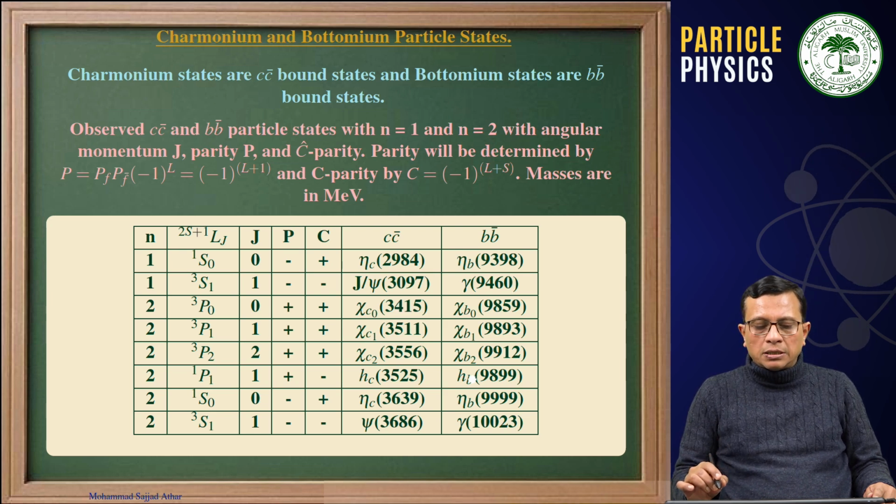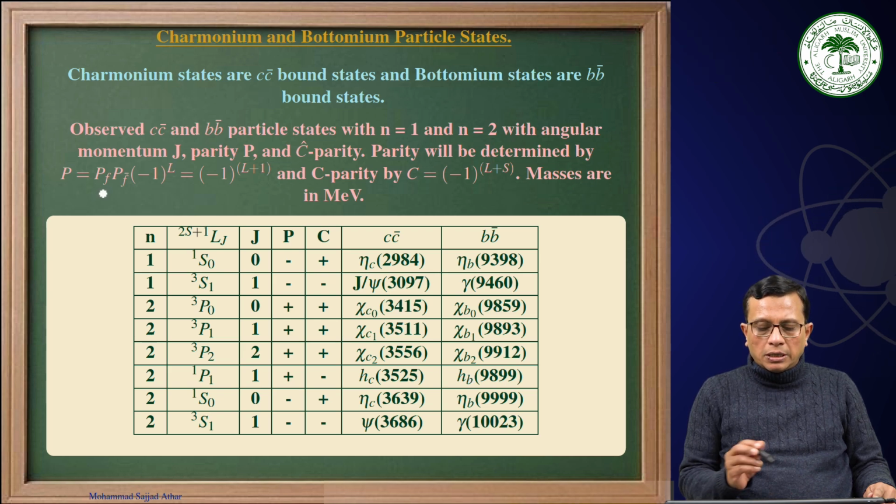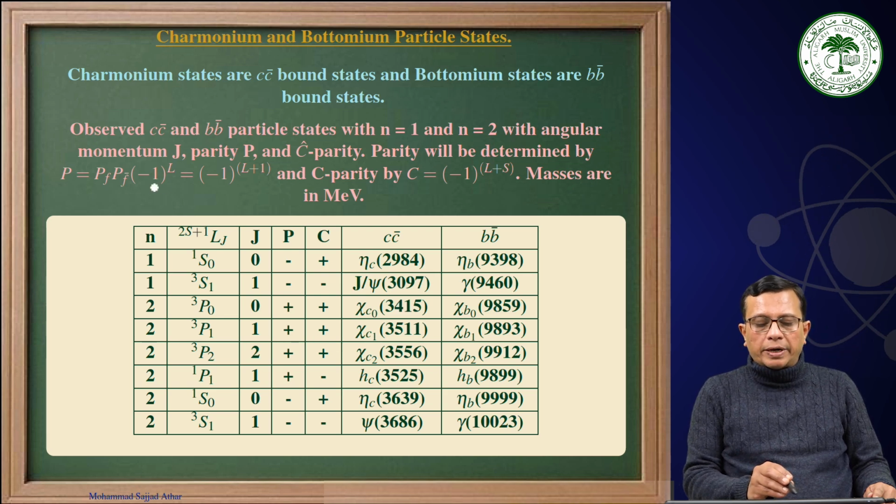We saw that the parity is obtained by the parity of the fermion c, the parity of the anti-fermion c̄, times minus 1 to the power L, the relative orbital parity between the c and c̄ states.